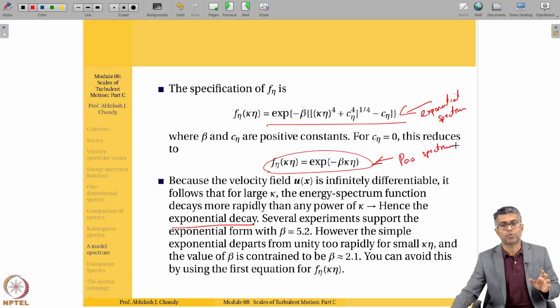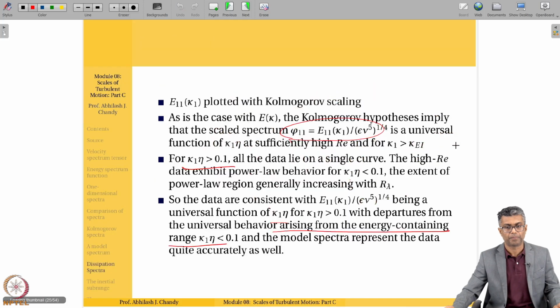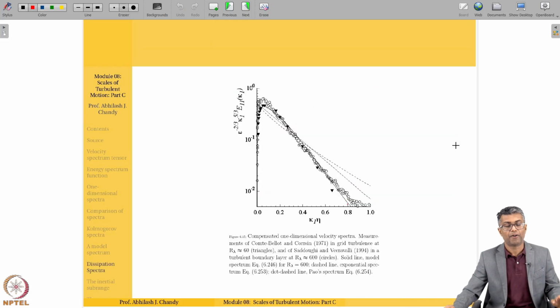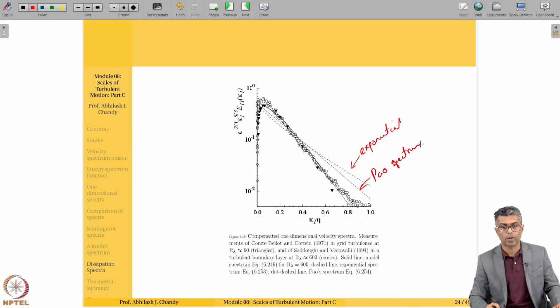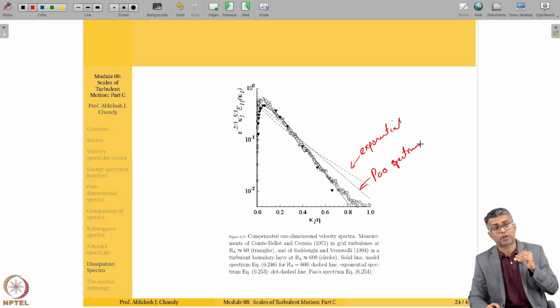These two cases are shown here for the model spectrum. And as you can see, on a linear-log scale they are going to be lines, isn't it? This is your exponential spectrum, and this is your power spectrum. That is just the exponential spectrum and power spectrum shown there, nothing else.